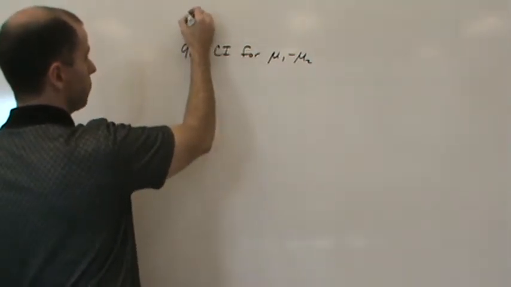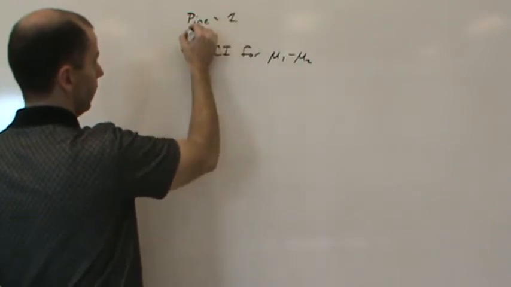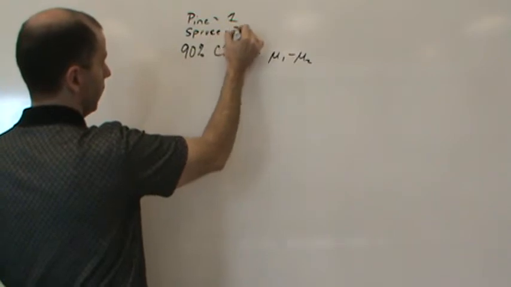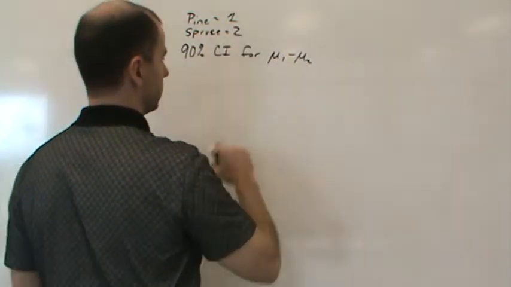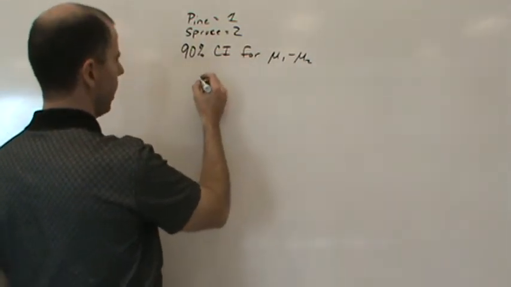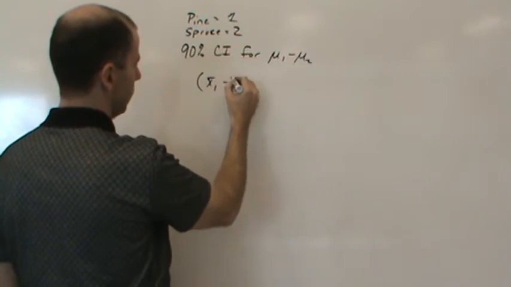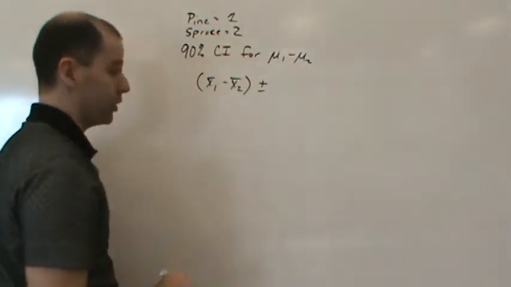So let's make pine population 1, spruce population 2. Okay, so now we know how we're going to subtract. So now we're going to take our point estimate, so it's going to be x bar 1 minus x bar 2 plus or minus.